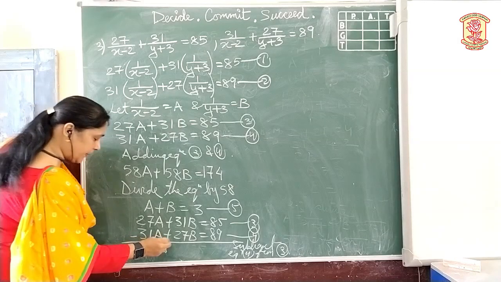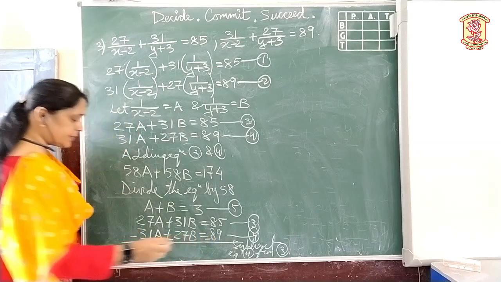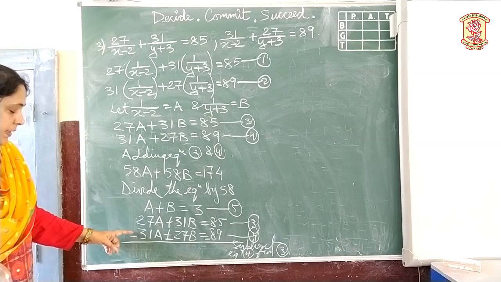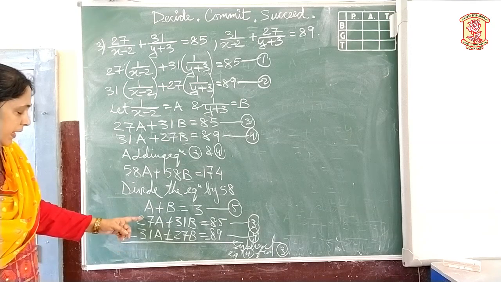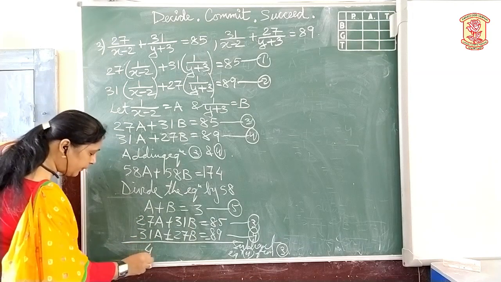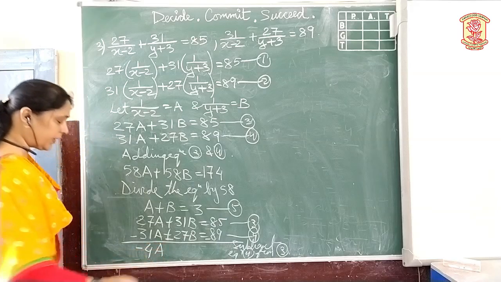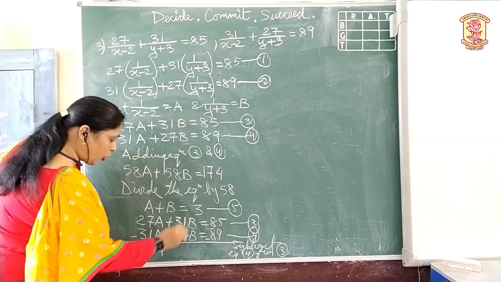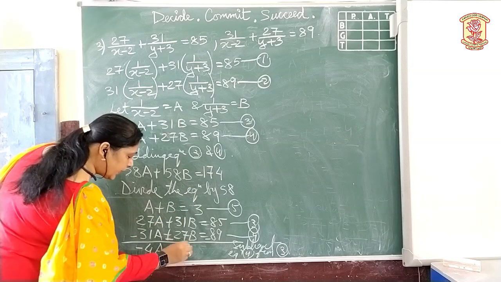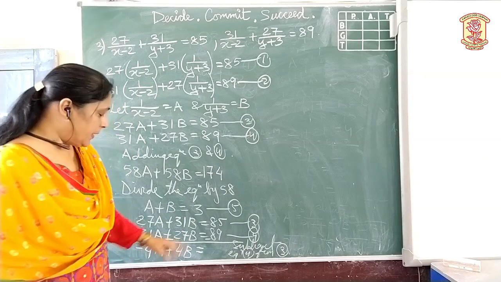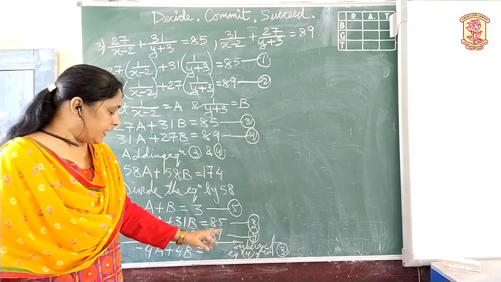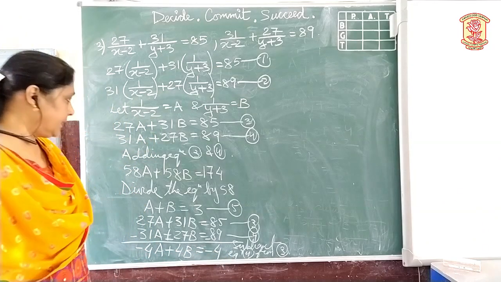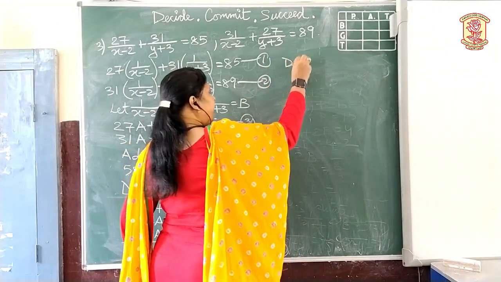Plus is minus, and plus is minus. So 27 minus 31 is 4, and the bigger number sign is minus, 4A. Now again, minus 31 plus 27 is 4, and the bigger number sign is plus. So we get 4B equals 89 minus 85 is 4, and the bigger number sign is minus. Now divide the equation by 4.